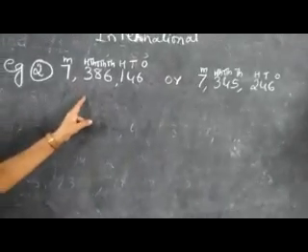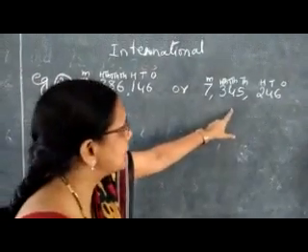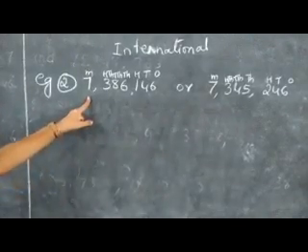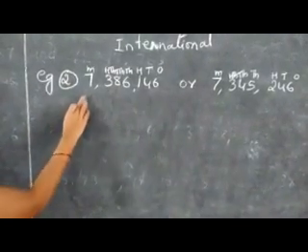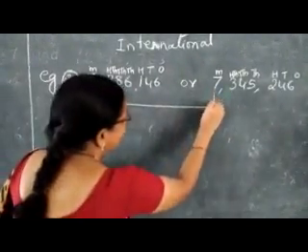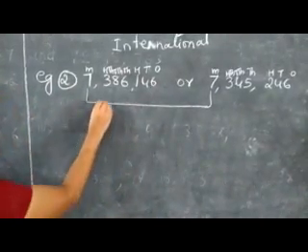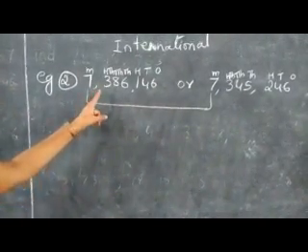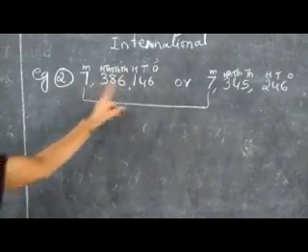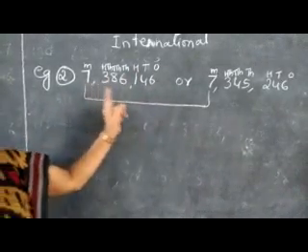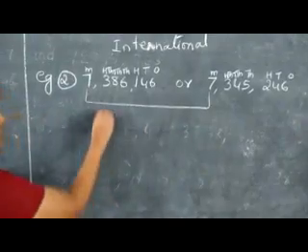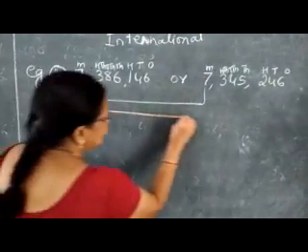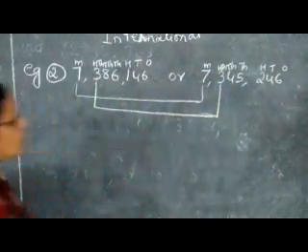Here 7 digits are there, here also 7 digits. We will start from millions. In the millions place, here 7 is there and here also 7. We move to the next place because the millions place is the same. We move to the hundred thousands place. Here 3, here also 3.